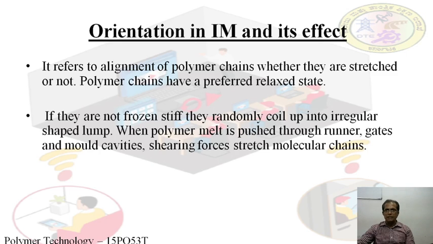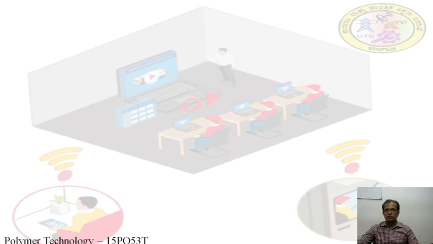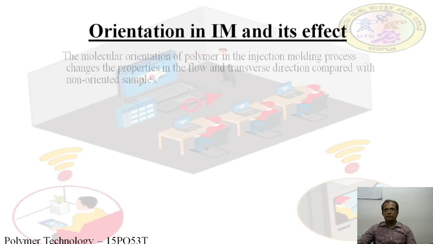When polymer melts, it is pushed through runners, gate, and mold cavities. Shearing forces stretch molecular chains. This results in alignment of chains parallel to each other. This creates good strength in the direction of orientation, and weak strength in the transverse direction.